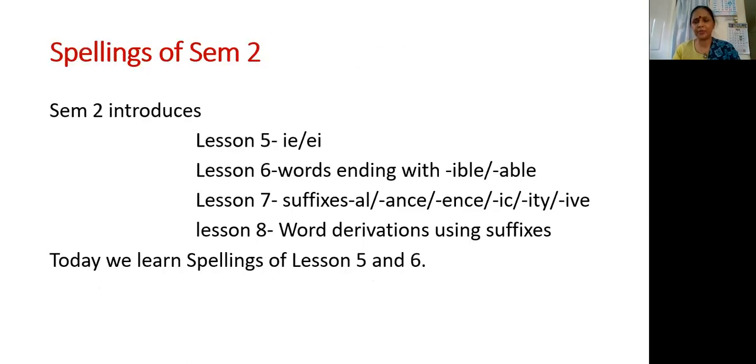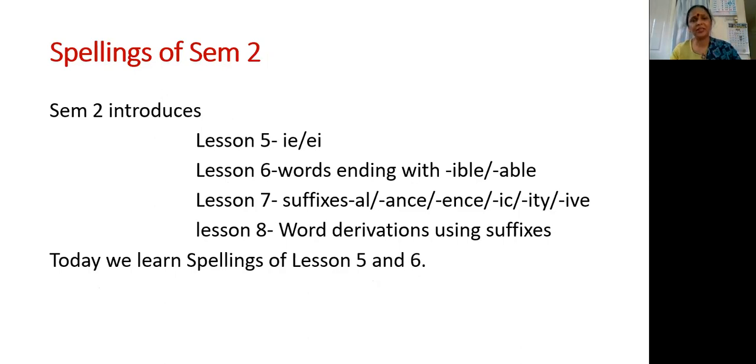What do we have in semester 2? In the second semester, lesson 5, we have how to spell IE or EI. Very often, Indian students find it difficult to know where to write IE and where to write EI.